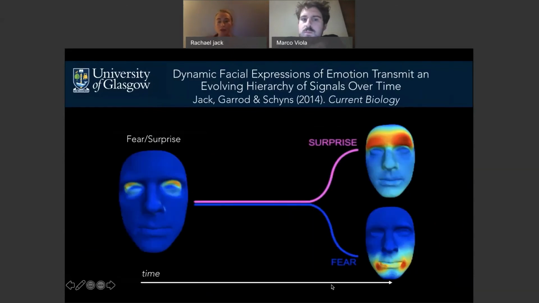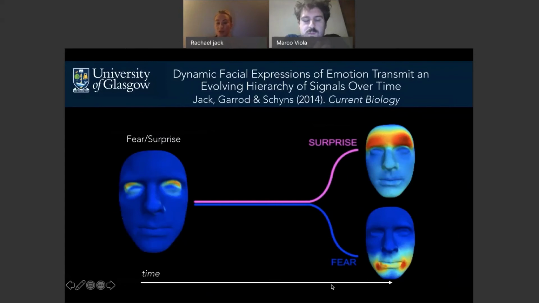All right, so as illustrated before, facial expressions are dynamic. They're not static. And so in understanding facial expressions, we really need to be able to understand their dynamics, whether they have a temporal structure, how does timing and dynamics contribute to facial expression communication?